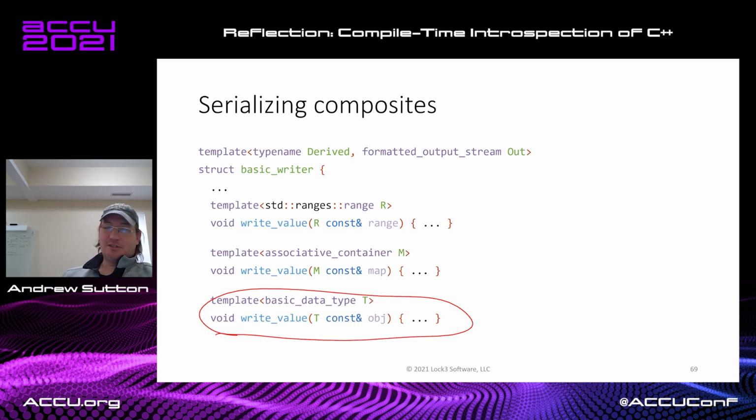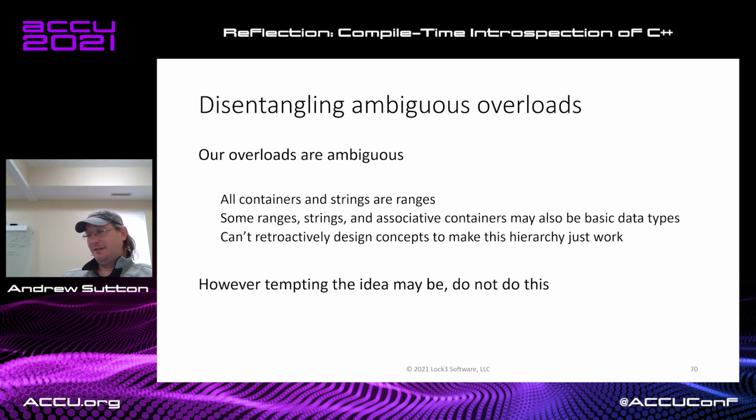But I am using this concept of basic data type to refer to classes like player or health or magic, these classes that aren't necessarily characterized by other concepts. They're not integers, they're not floating point numbers, they're not ranges, they're not really containers. They're just data types that live in the application domain. Okay. So this would be ideal. This would be fantastic if we could make this work, but it doesn't, unfortunately.